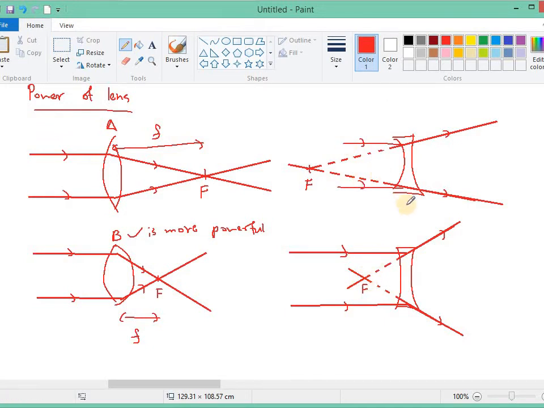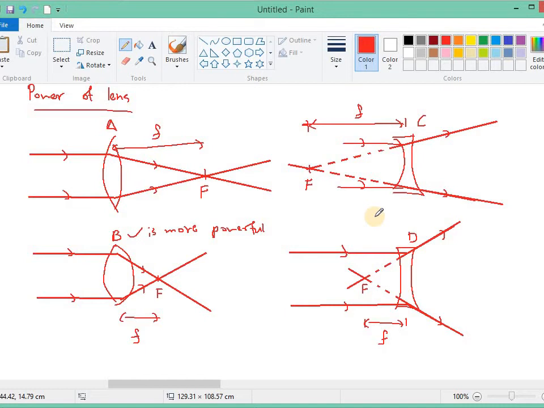So again, as we can see, from here to here, this is the focal length. This one, from here to here, this is the focal length. So we can see that, let's say this is lens C, this is lens D. Lens C is less powerful than lens D because lens D can bend the light more.